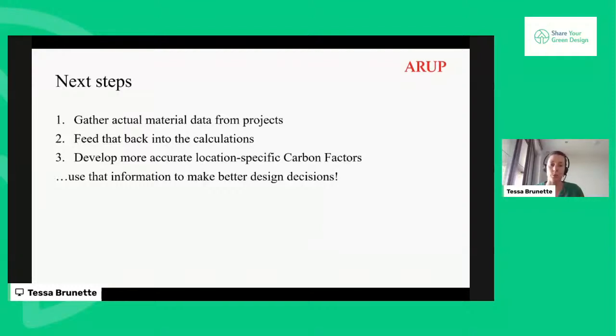It's much easier when you're actually working on a project and you have relationships with people that you're working on. Then that data would be fed back into the calculations, and we would use that to develop more accurate location-specific carbon factors, all of which the ultimate goal is to help us all to make better design decisions.